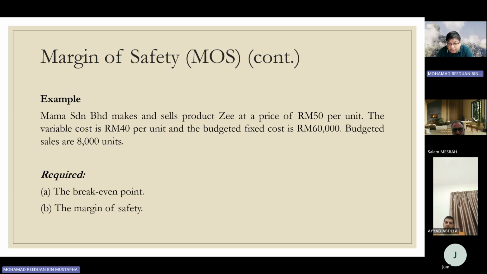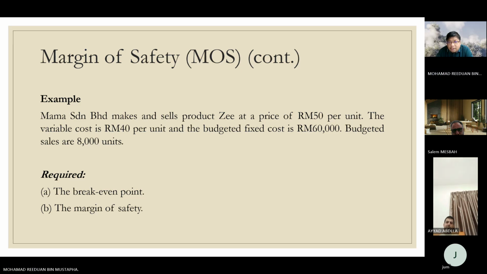And then the question also did not ask whether you need to give the margin in terms of units or ringgit Malaysia. It's better to give both. So since you already have the 50, just multiply the 2,000 by 50, and you get 100,000, correct?